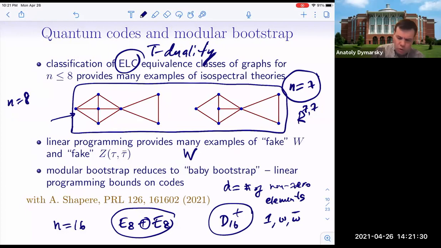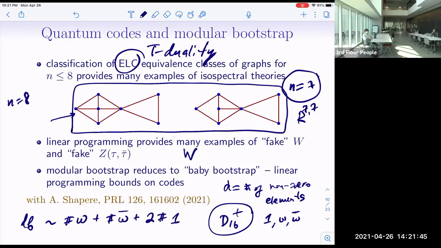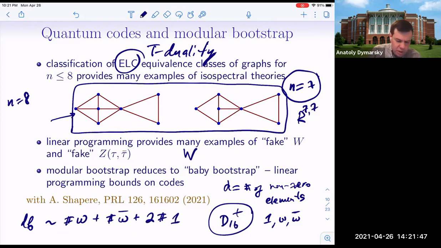Another quantity, which we call D binary, is basically the number of omegas plus the number of omega bars plus 2 times the number of ones, and it enters because this quantity is closely related to the spectral gap in a Narain theory.